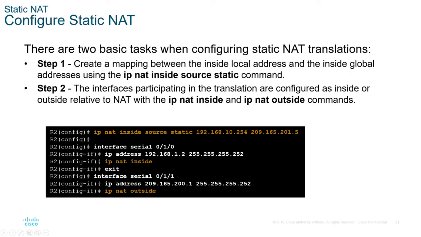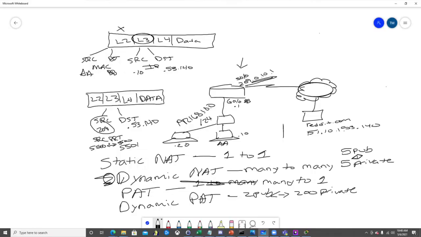So all this is doing is, if we're looking at it, I'm going into these interfaces, say S0/0/0, and I'm saying that's the outside or public face of my network.